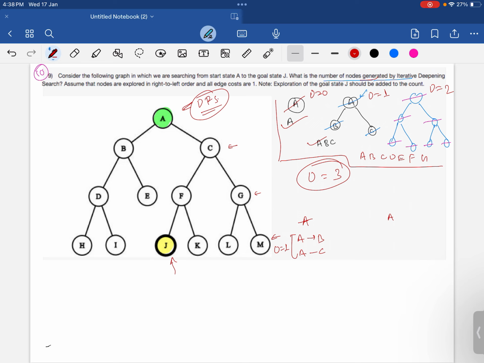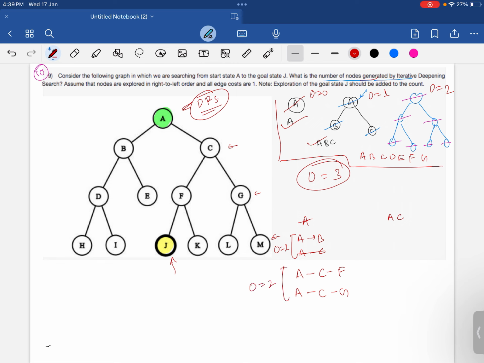Both are at depth 1, but I will explore from right to left first, so I will explore C first. Now I will write all the successors of A to C, that is A to C to F and A to C to G.